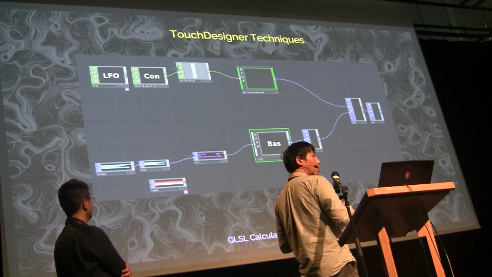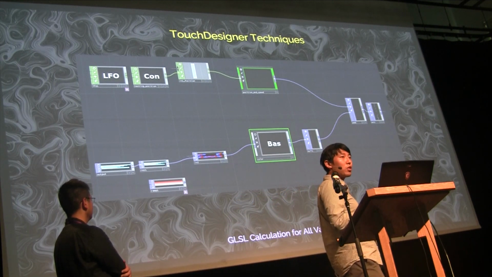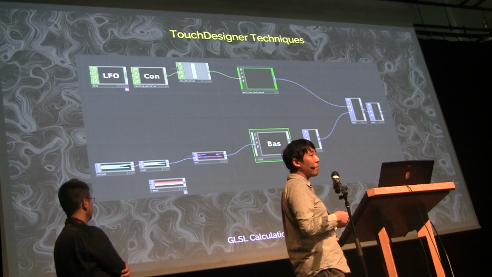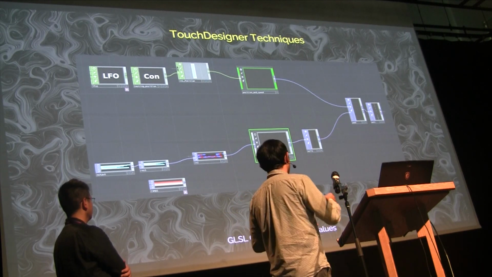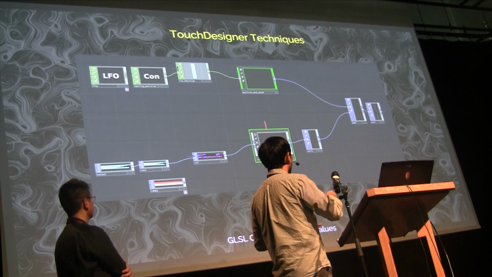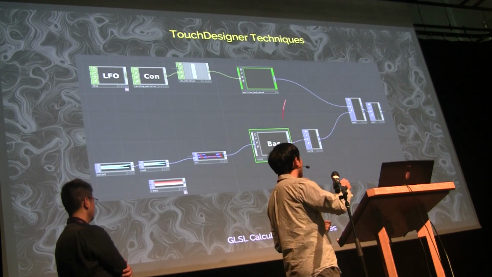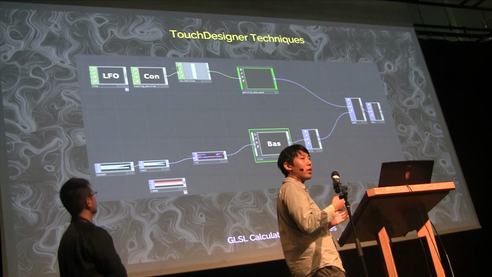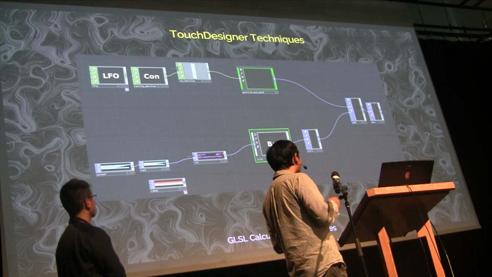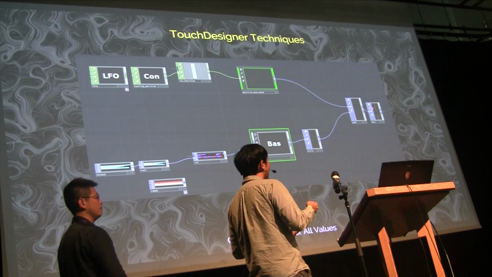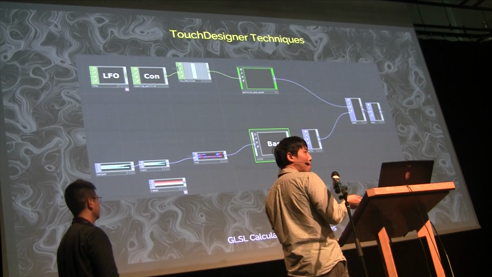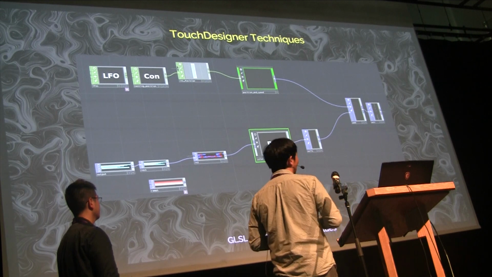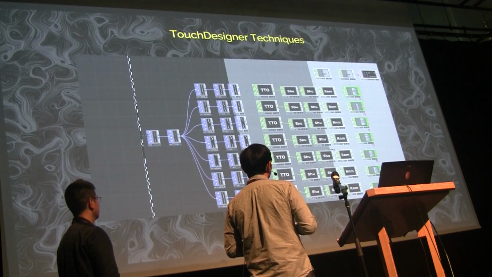I will show you, there's one where we use 40,000 channels to calculate everything, but it's hard because of CPU limitation. So we convert everything to TOP and calculate in GLSL shaders, then output as an image, then convert the image back to CHOP data, and send it out to our hardware. This is the last part.